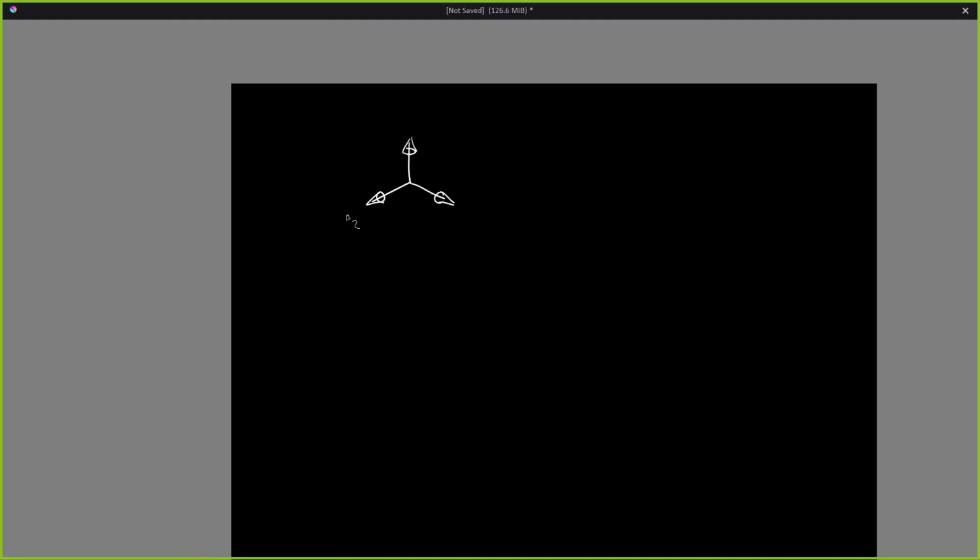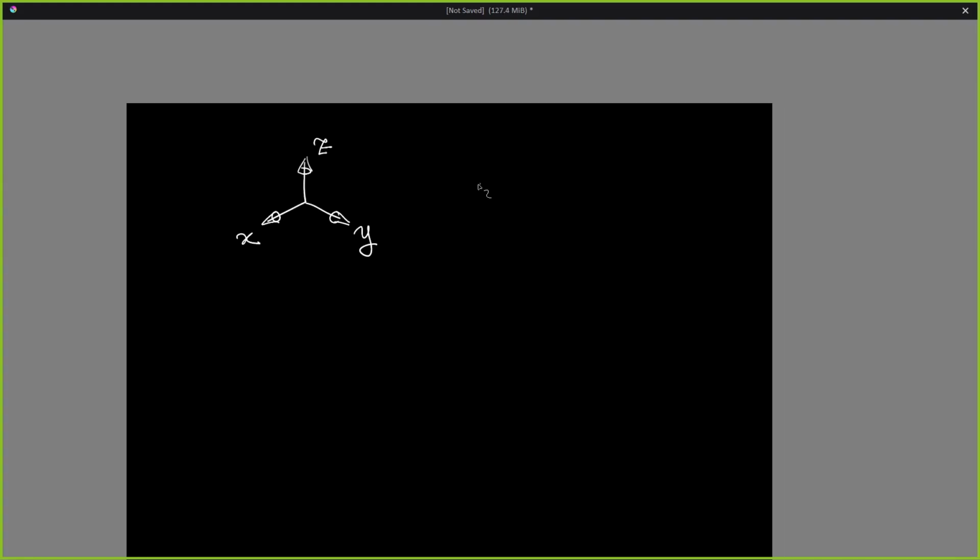Okay, so we're going to look at an example of orientations. One of the most famous examples of orientations is the left-handed coordinate system versus the right-handed coordinate system. So let's say that if this is x, this is y, and this is z, then this is a right-handed coordinate system.